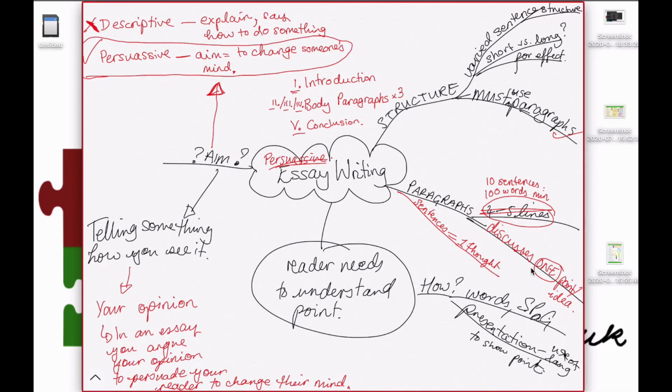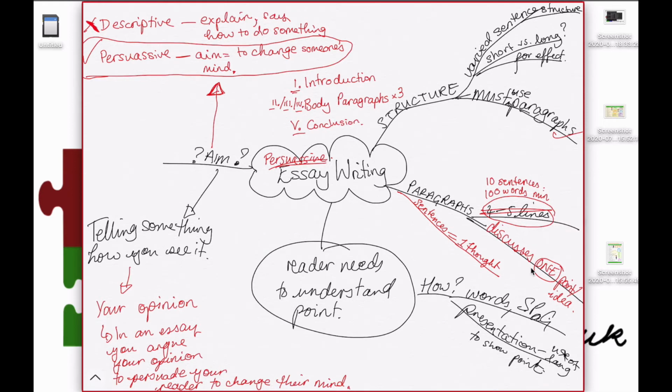So, for example, let's think of an example. If we're looking at football, I know nothing about football, but you know a lot about it. So if you were going to argue who is the best player of all time, for example, you would have an idea about that, I assume.